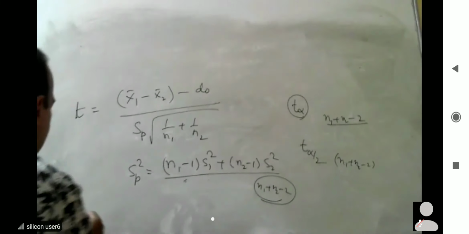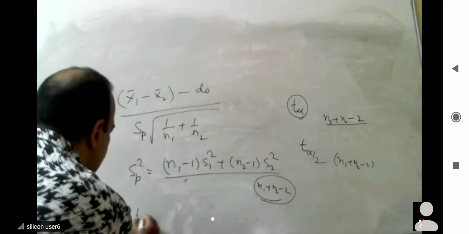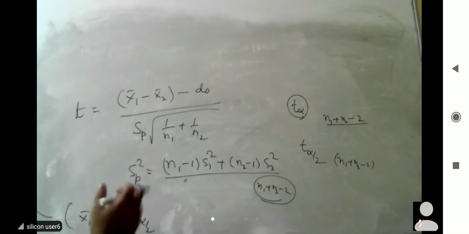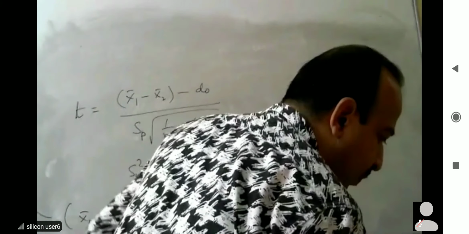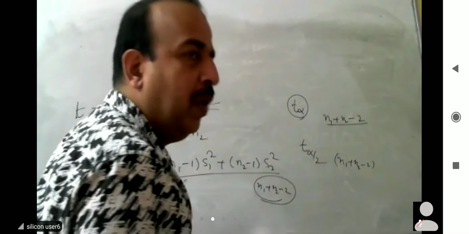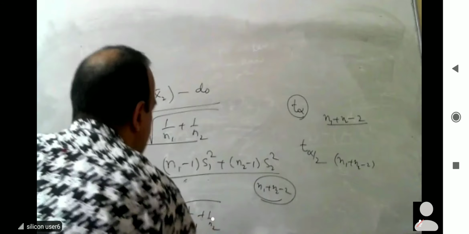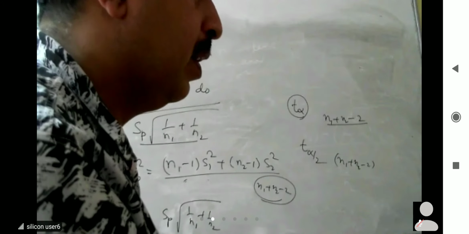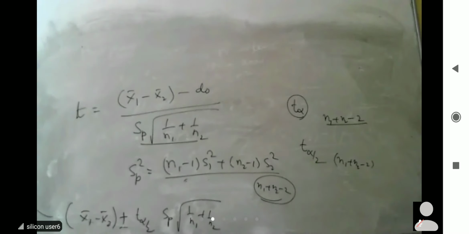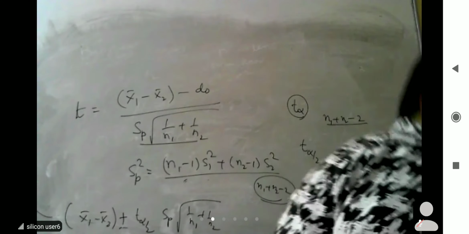What is the confidence interval formula? x1 bar minus x2 bar, plus or minus T alpha by 2 times SP times root over 1 by n1 plus 1 by n2. This side minus, this side plus. Clear?